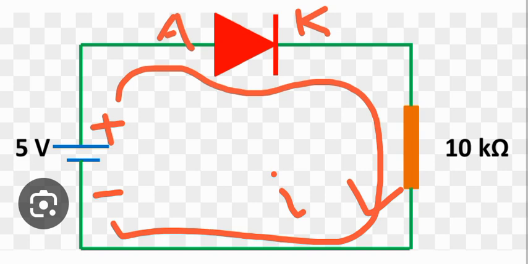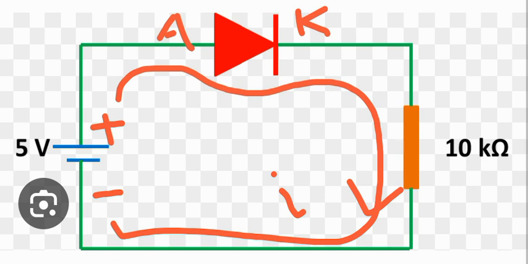And since this is a practical diode, there'll be a voltage drop of 0.7 volt across its two terminals. So this diode can be represented as a positive and negative voltage source of 0.7 volt.